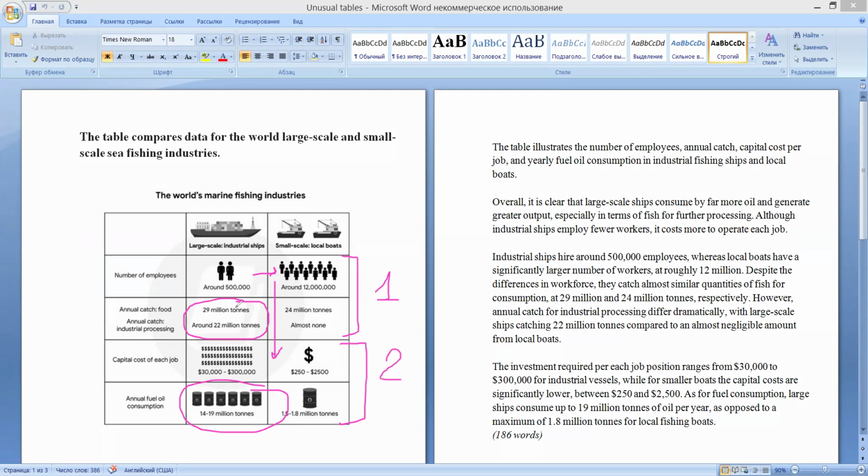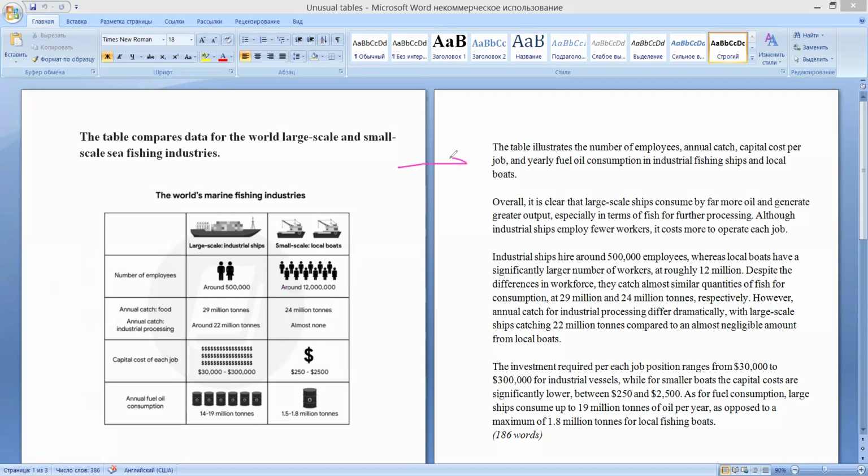Industrial ships generate greater output, consume more oil, but local boats have more workers, but it takes less for employers to run each job. So the employers invest less in each job, right? Are you with me now? Okay, nice.